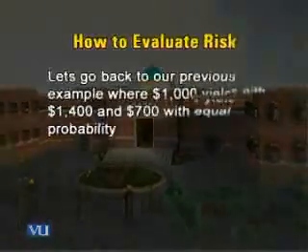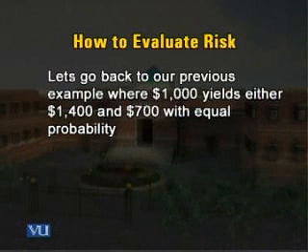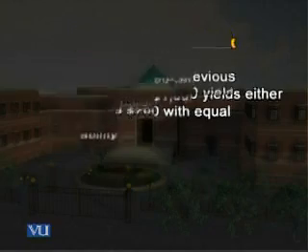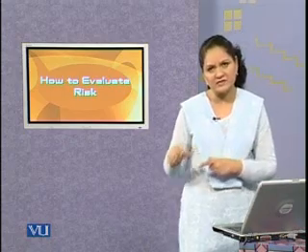So here we are going to continue with the same example which we took in the previous lecture. Let's go back to our previous example where $1,000 yields either 1,400 or 700 with equal probability. This is basically the case number 1 of our previous lecture.